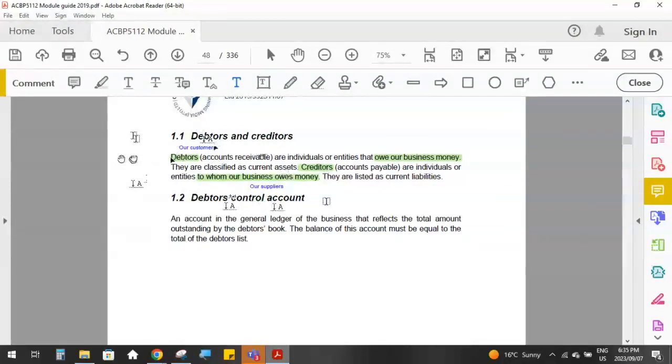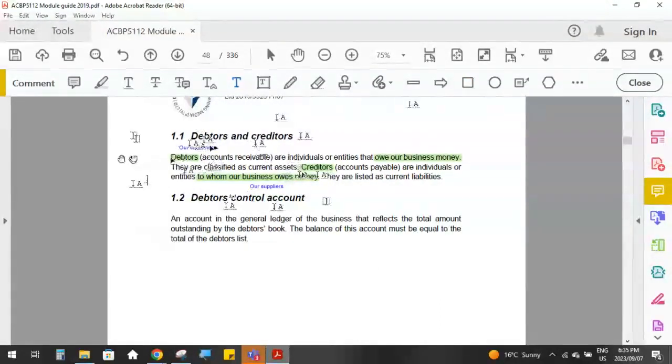And we're always talking about from the business's point of view. So remember, in our business, our customers are our debtors and our suppliers are our creditors. In our customers' books, we are a creditor because they owe us money, and their customers that they sell to would then be debtors.